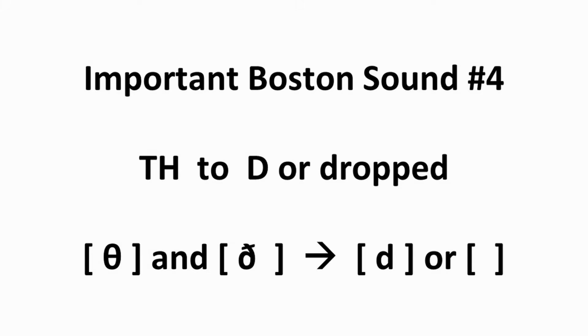And now for the last sound. Important Boston sound number 4, handling the TH sounds. Whether it's the voiced or the unvoiced version of the TH sound, it can often become D in the Boston accent. For example, with an expression like with all, you might hear a Bostonian say wid all. Hear the D? Or you might hear them drop it completely, as in the expression all the time.